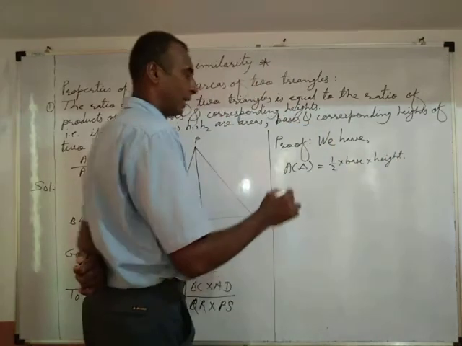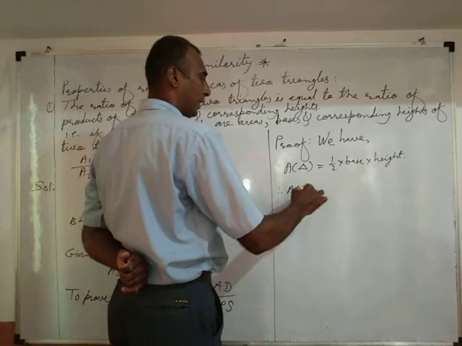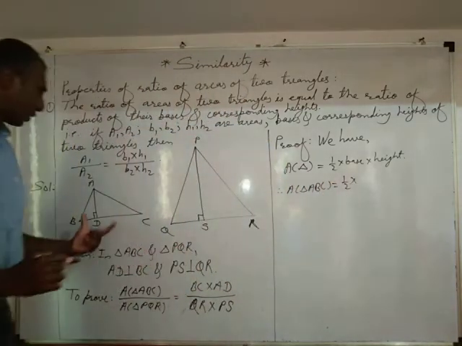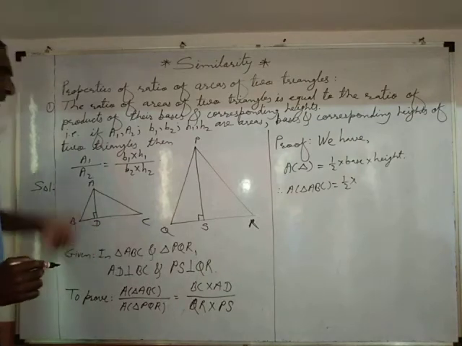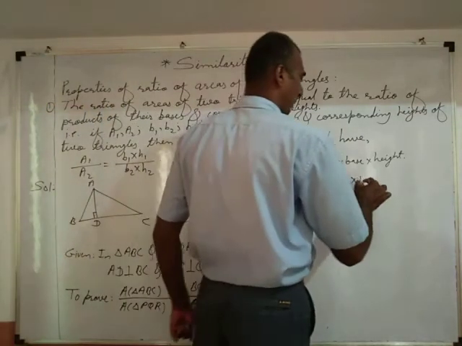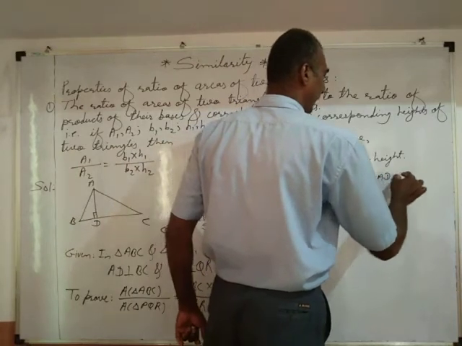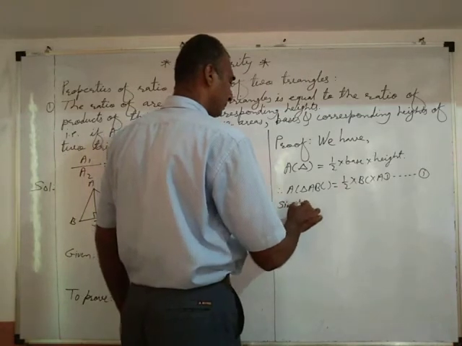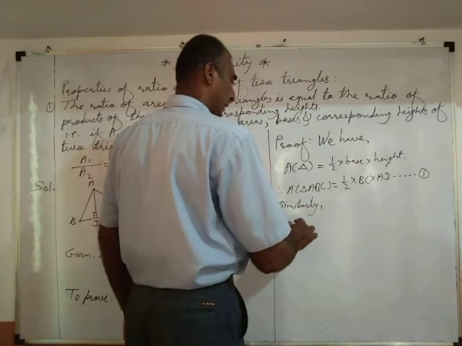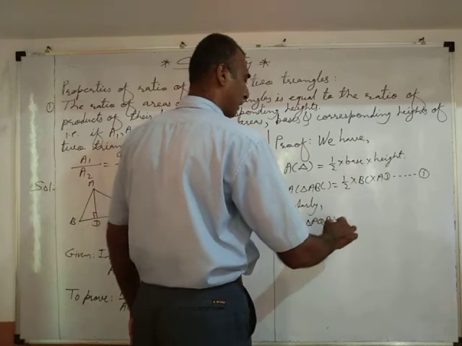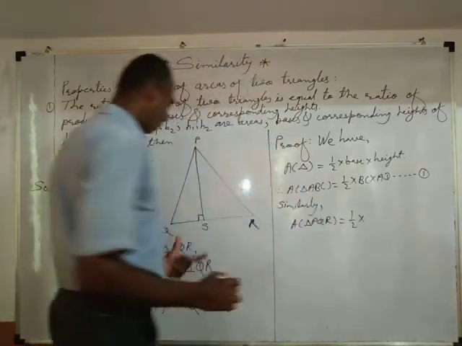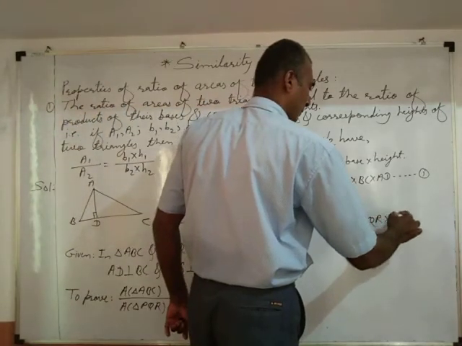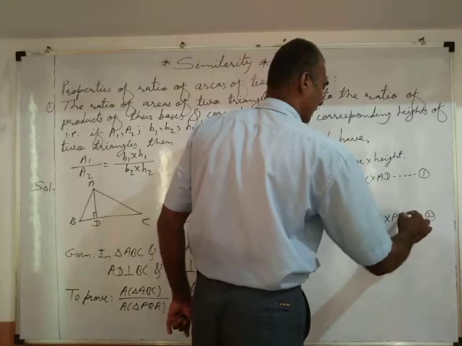Therefore, area of triangle ABC equals half into BC into AD. Let's call it equation first. Similarly, area of triangle PQR equals half into QR into PS. Let's call it equation second.